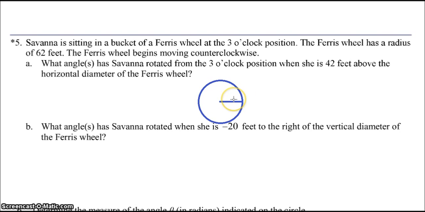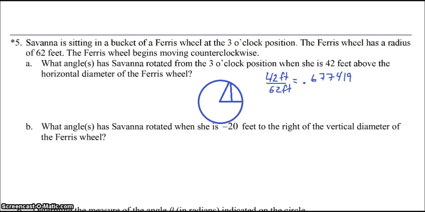So at some point we are 42 feet above, and we want to find out what is the angle there. So notice that 42 feet, I want to think, what is the percentage of the radius that 42 feet is? 42 feet divided by 62 feet. Essentially, that vertical distance is 67% of the radius.